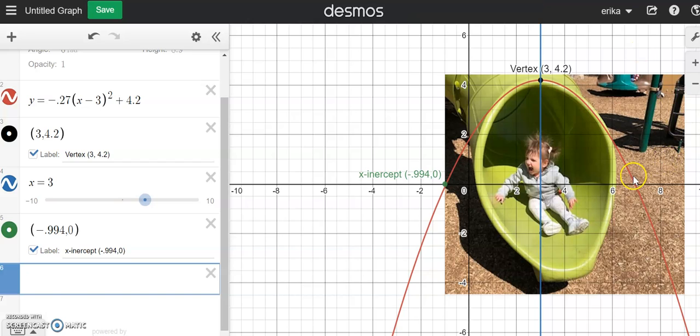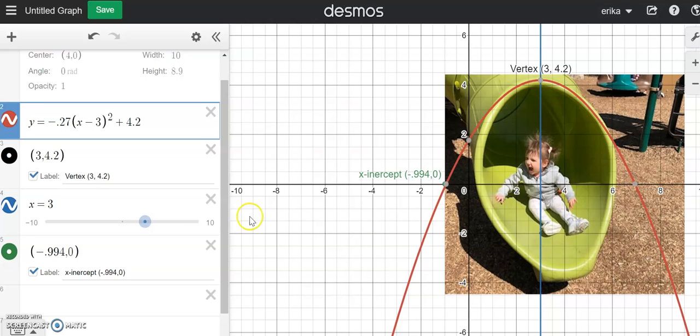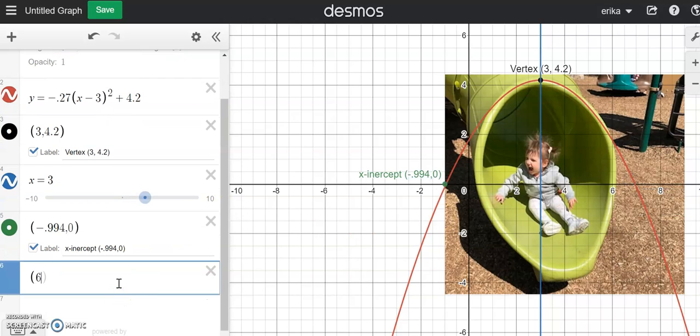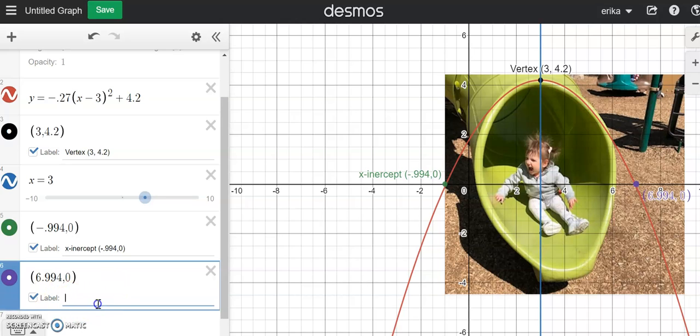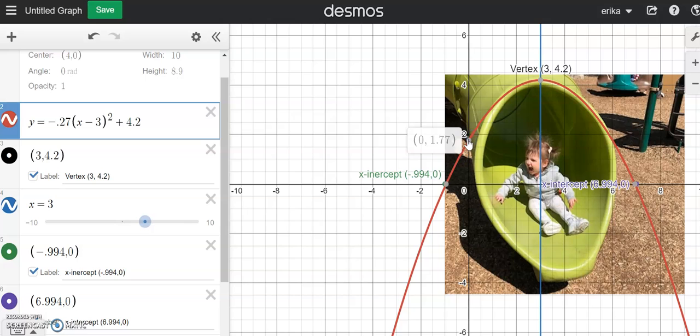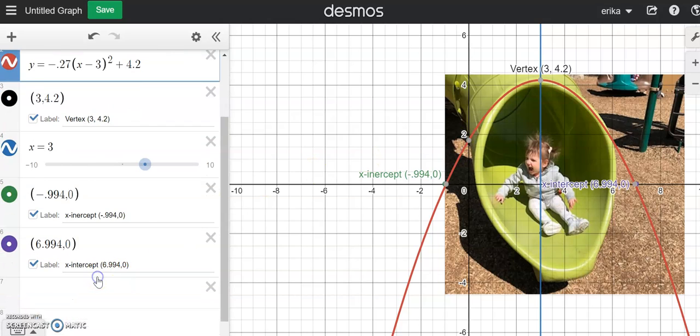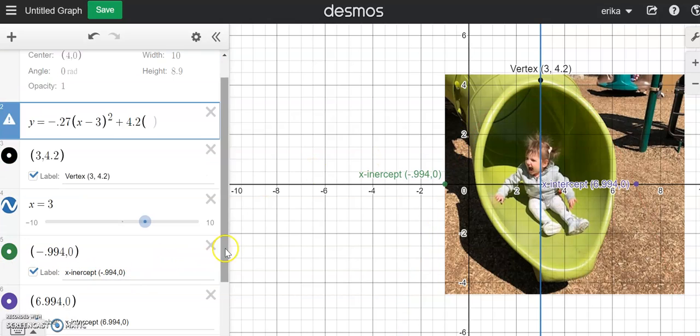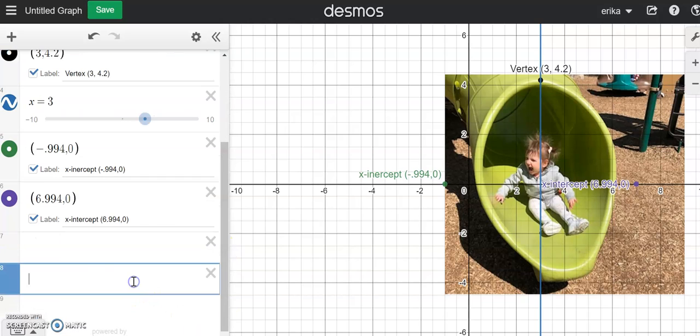All right, my other label, 6.994, comma 0. That's my other x-intercept. And my y-intercept was 1.77. Yeah. Question?